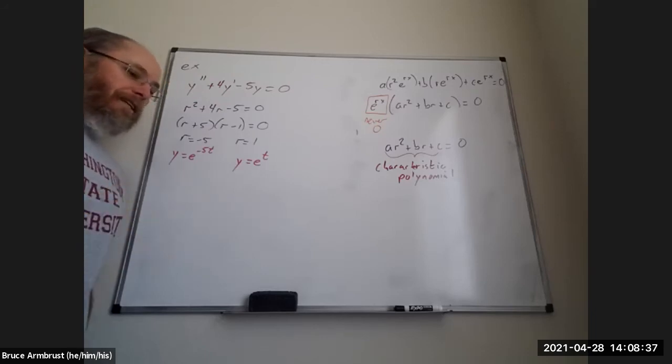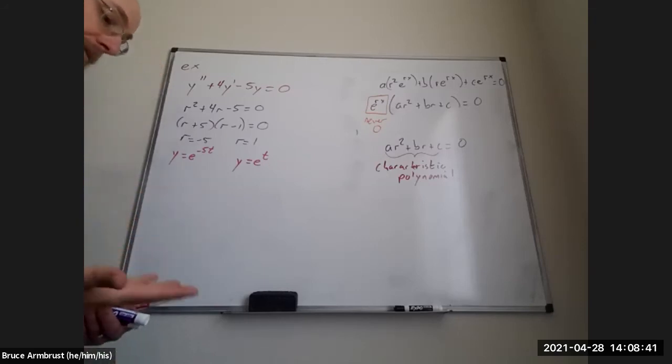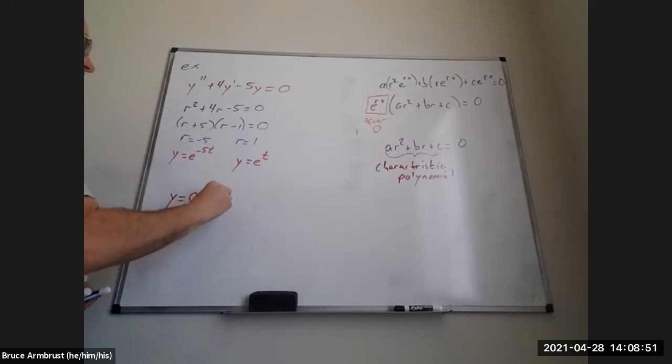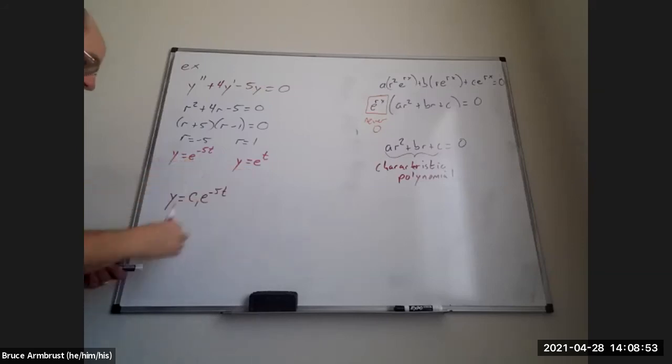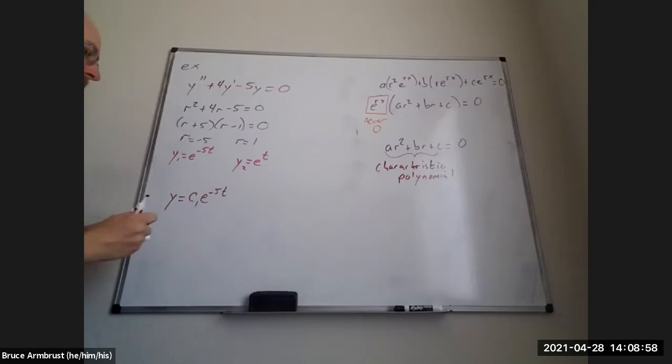So they are a linearly independent set, which then means that they are a fundamental set. So that means I can write my solutions to the original differential equation as linear combinations of these. Because we can call this, say, y1 and y2. Go ahead and do that real quick.